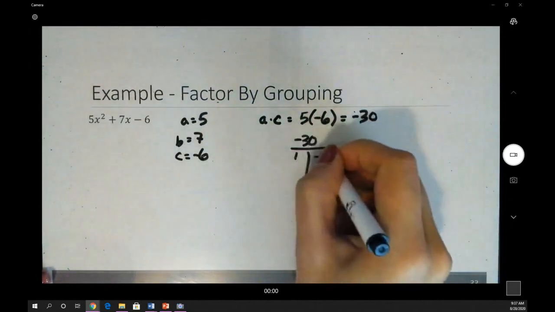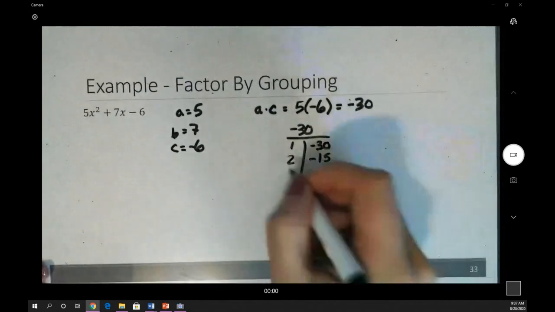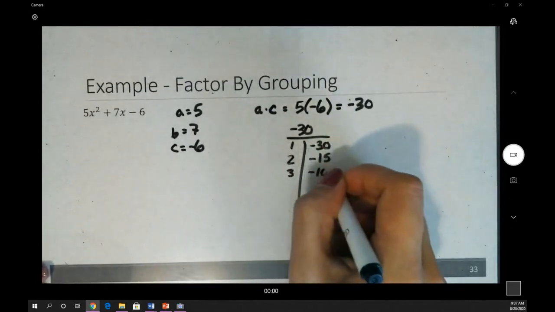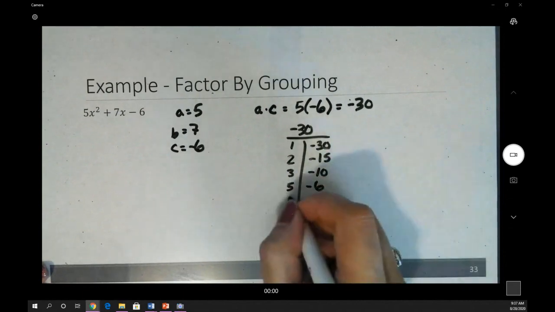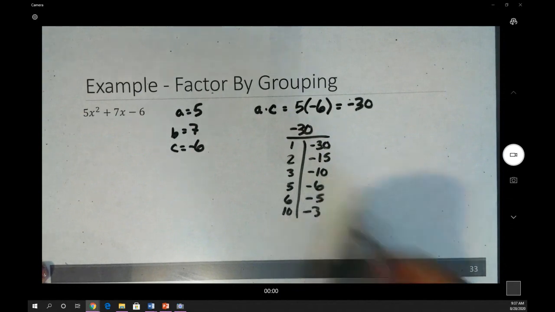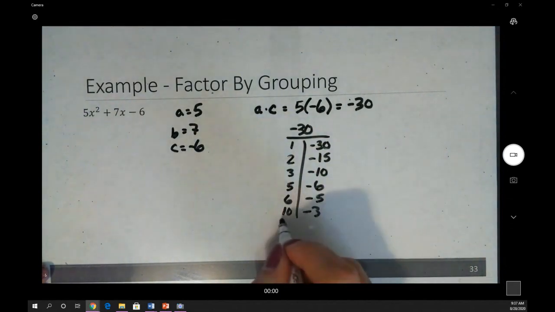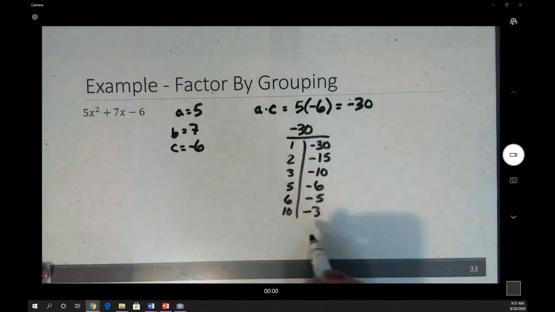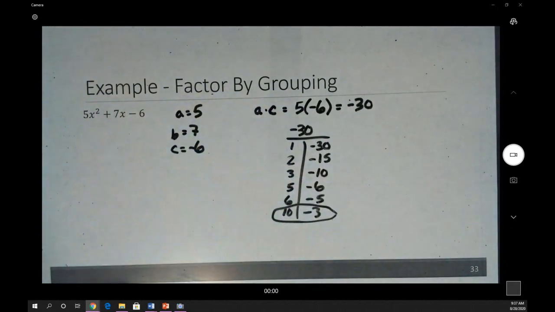We could do 1 times -30, 2 times -15, 3 times -10, 5 times -6, 6 times -5, 10 times -3. Oh, that's the one I want, so I'm going to stop. 10 times -3 is -30, but if I add them together, I get the +7 that I'm looking for.